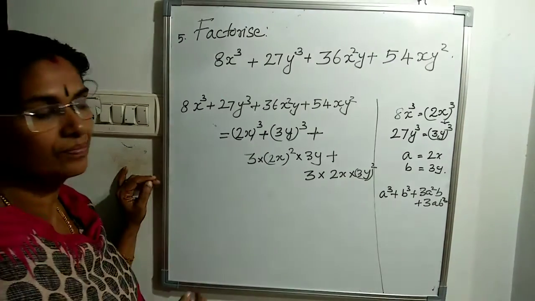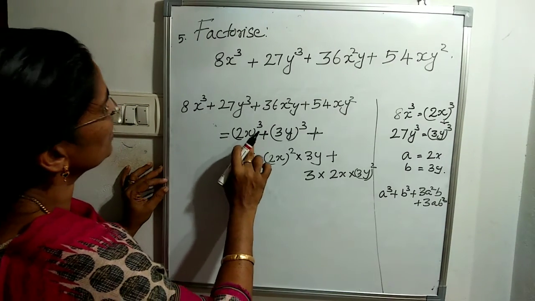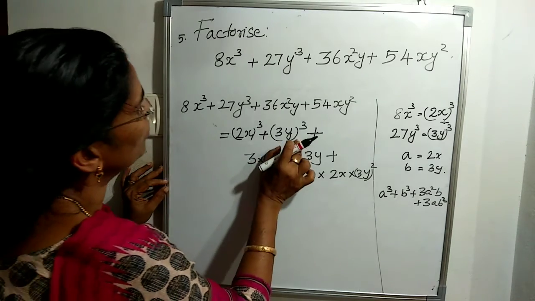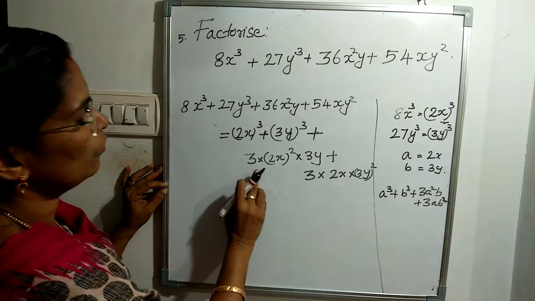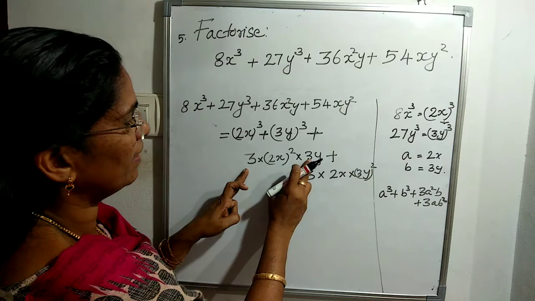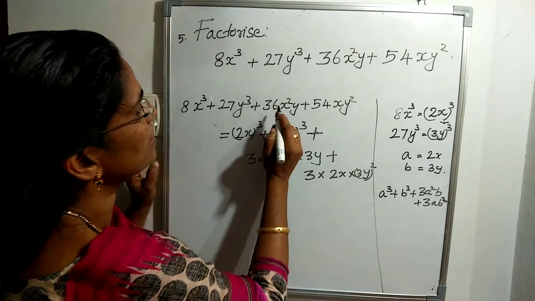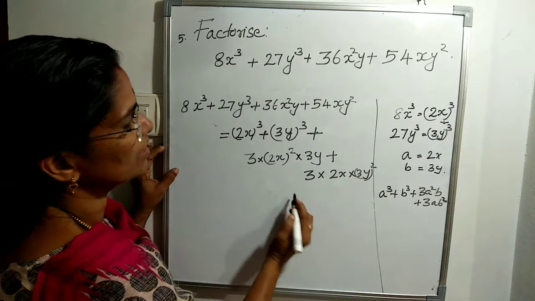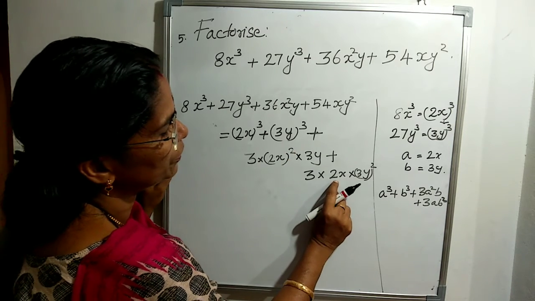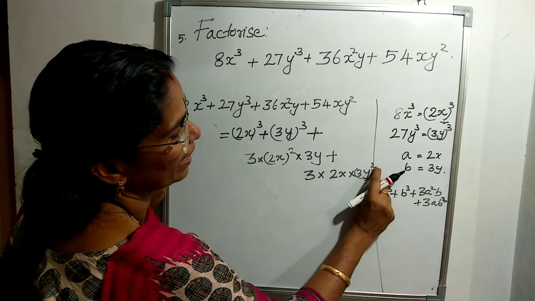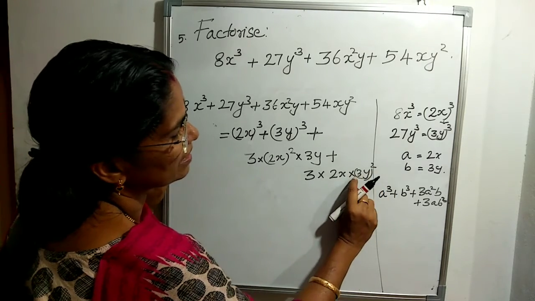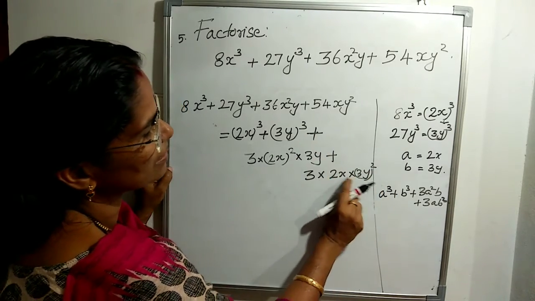Now compare, 2x cube is 8x cube, 3y cube is 27y cube. Now look here, 3 into 3, 9, 9 into 4, 36x square y. This term is the 36x square y. Next 3 into 2, 6, 6 into 9, here 3 square is 9. 6 into 9 is 54xy square.